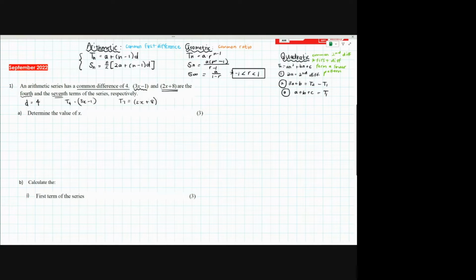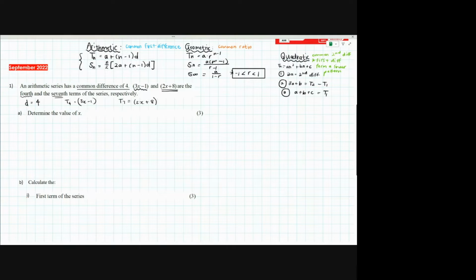If it doesn't help you to write it in mathematical language, don't use it. I just often find that sometimes taking the English and putting it into maths is quite useful. So the first question says, determine the value of x.